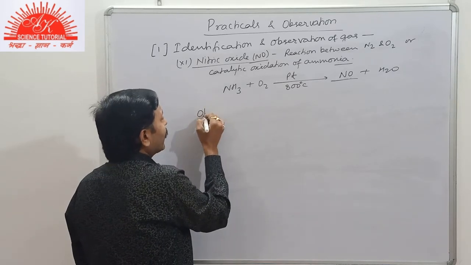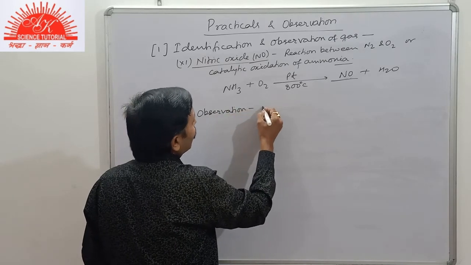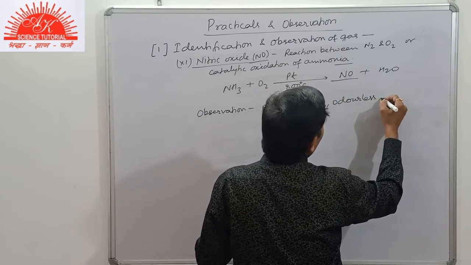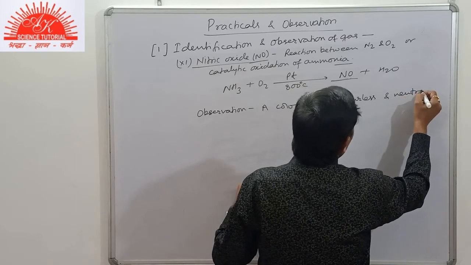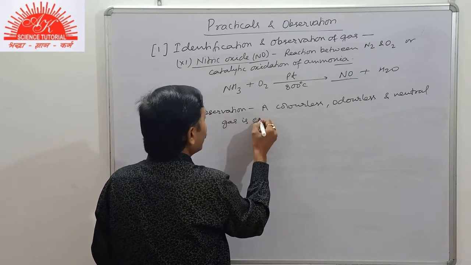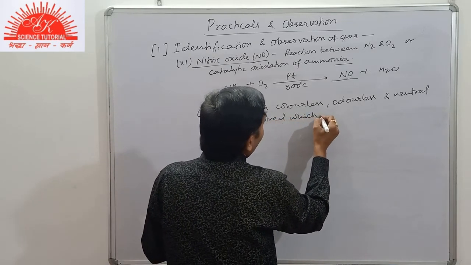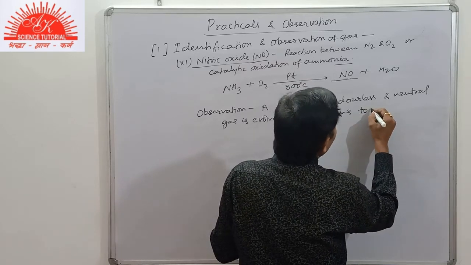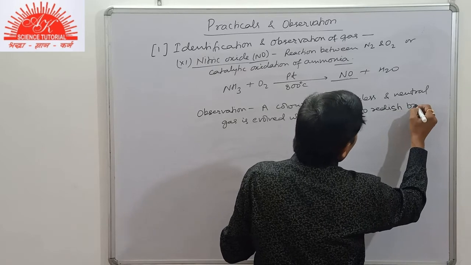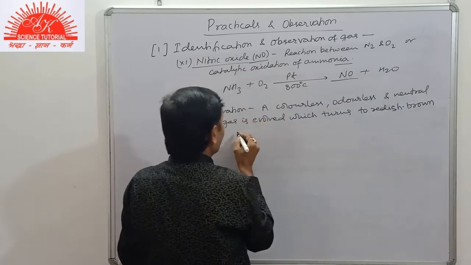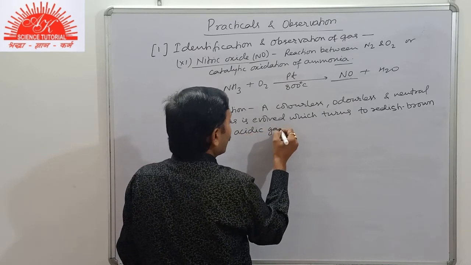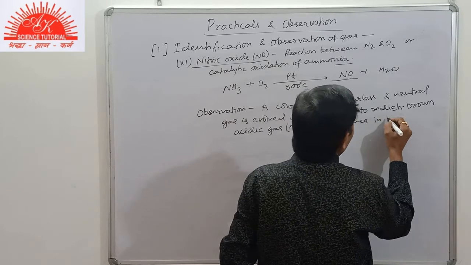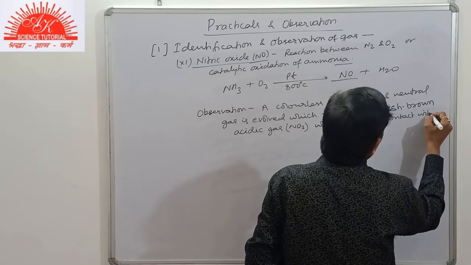Then we see here that actually this is a colorless, odorless, neutral gas, and neutral gas is evolved which turns, now from here you will have to observe its color, which turns to reddish brown acidic gas, that is NO2, when comes in contact with air.